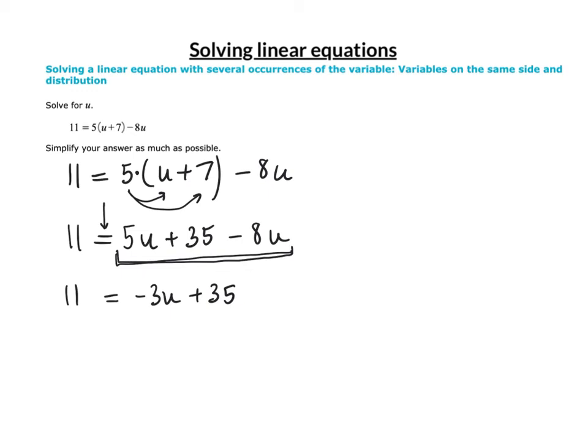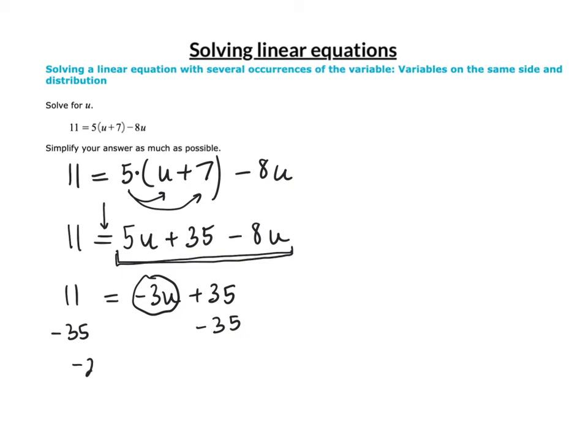Now I'm going to get the negative 3u by itself, and the last thing I'll do is divide by negative 3. Get rid of the coefficient last. So to get the variable by itself, I first of all subtract 35. And 11 minus 35, get out the calculator, is negative 24.